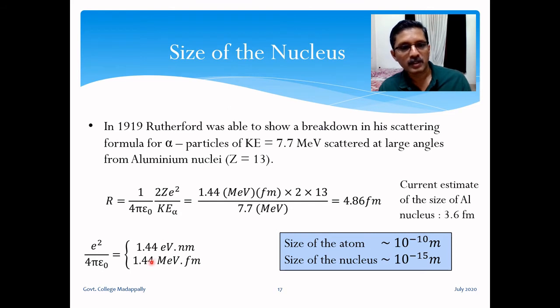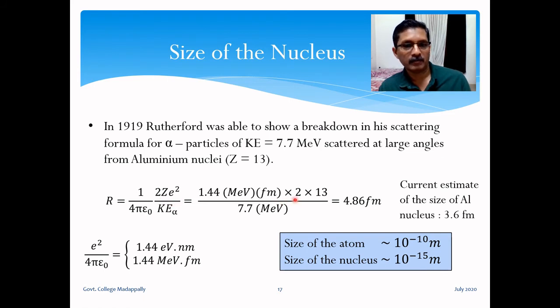So what I am going to do here is, instead of e square by 4 pi epsilon 0, I can substitute 1.44, and I am choosing this particular combination with these units, MeV Fermi. Why? Because in the denominator you have the kinetic energy of the alpha particle, which is 7.7 MeV. So MeV will cancel. That's why I'm doing that.